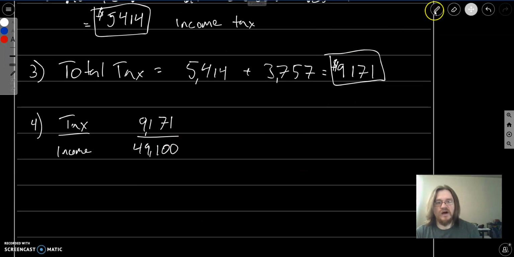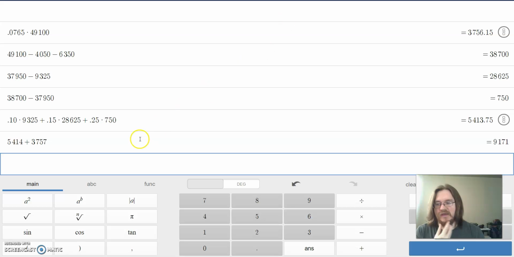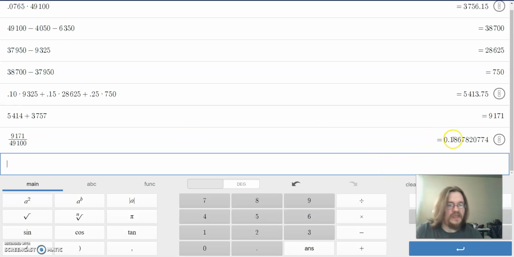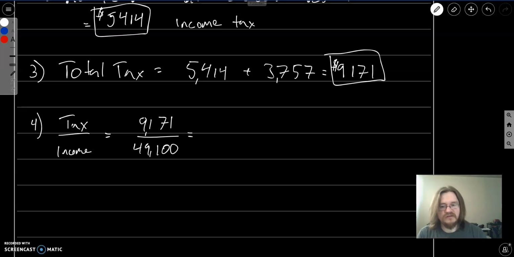So let's see what percentage of their money went towards taxes. So when we divide this, we want 9,171 divided by 49,100, and we get, let's round to 3 decimal places, 0.187.